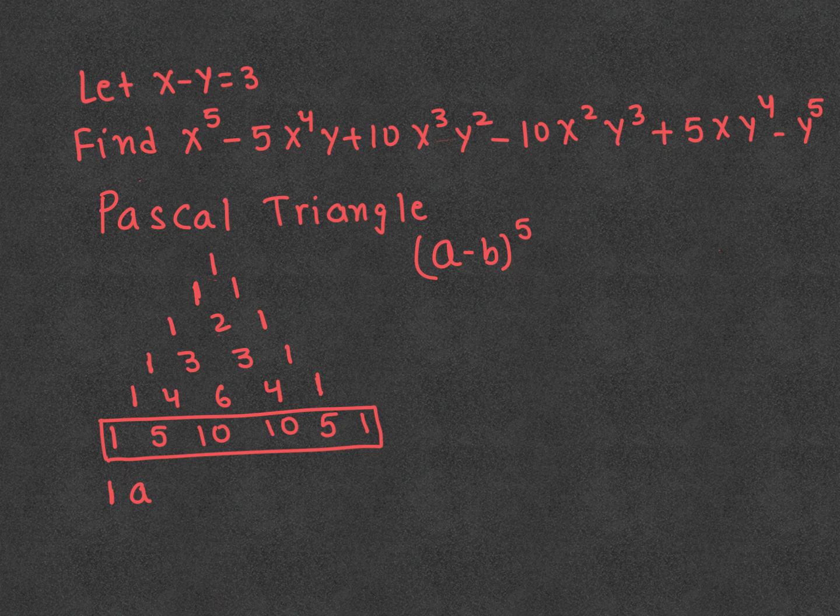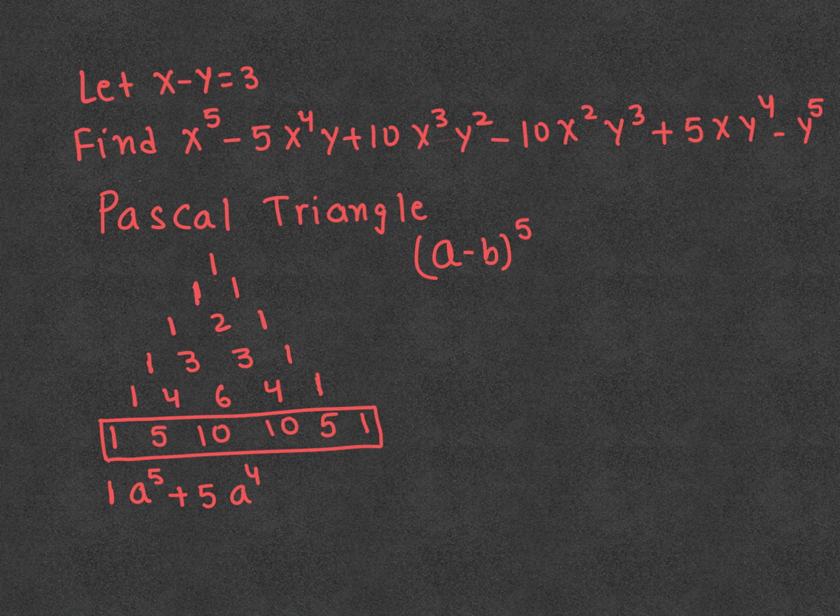A to the power of the highest degree, we are going to choose obviously 5. So this is a to the power 5. The next coefficient is going to be this number, that is 5. Now we are going to decrease the power of a, and that becomes a to the power 4, and we are going to increase the power of b.